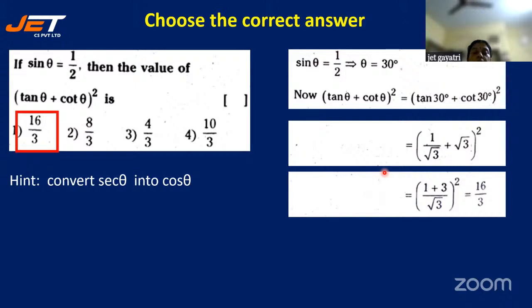In the numerator you have 1 plus 3, 4. So (4 by root 3) the whole square. 4 the whole square is 16, root 3 the whole square is 3. So that's why your answer is 16 by 3.